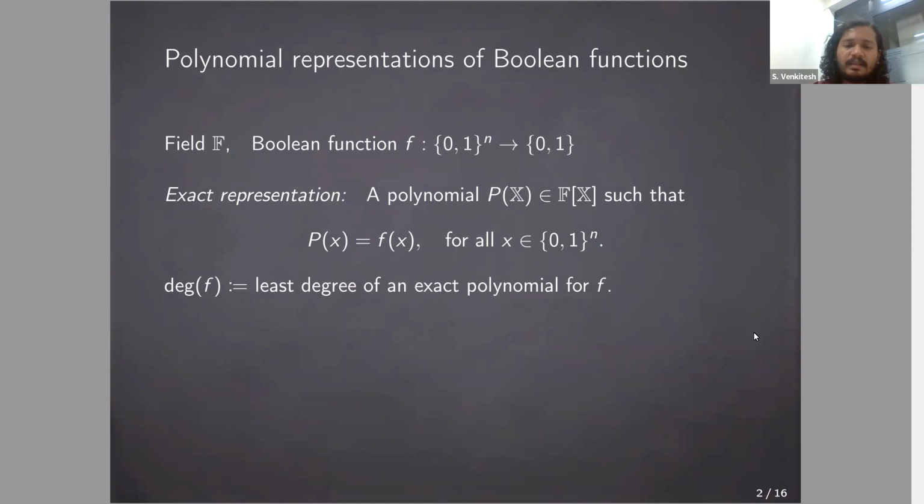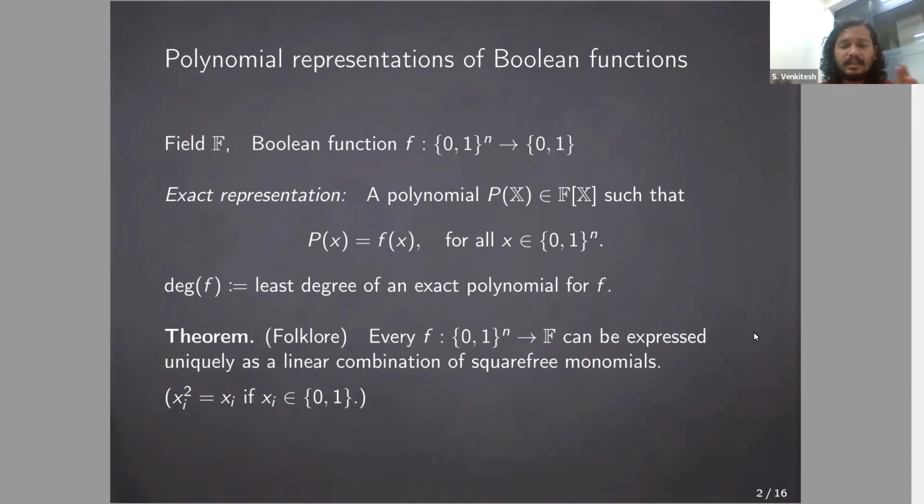Right? Now, how do you get a canonical representative polynomial which agrees with this degree? Well, you can always restrict yourself to linear combinations of square-free monomials, because since we are concerned with functions over the hypercube, for any bit x_i, x_i squared is equal to x_i, because the bit x_i takes values just 0 and 1.